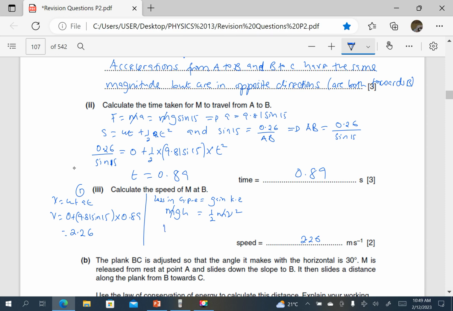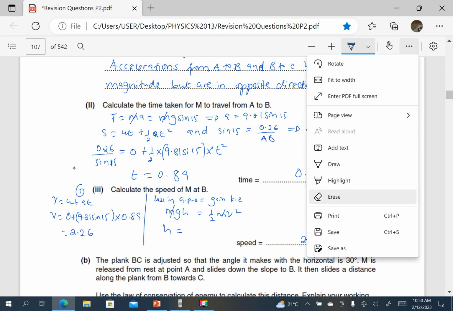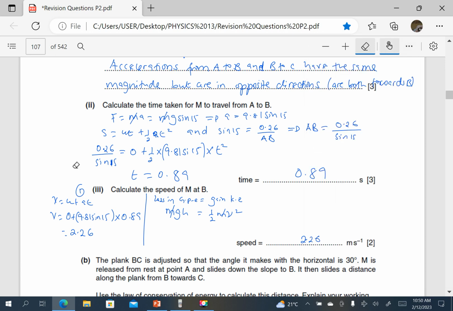So h I think was 0.26. So 9.81 times 0.26 is equal to a half times v squared.